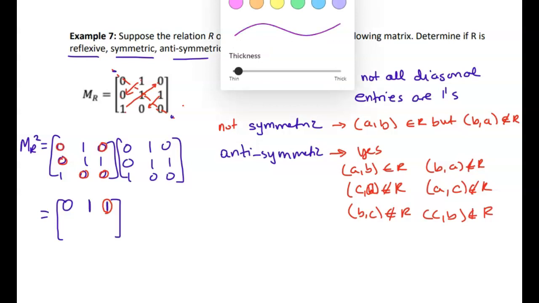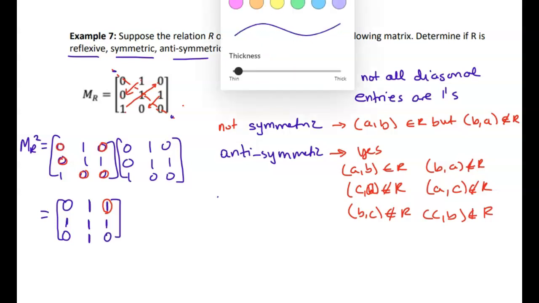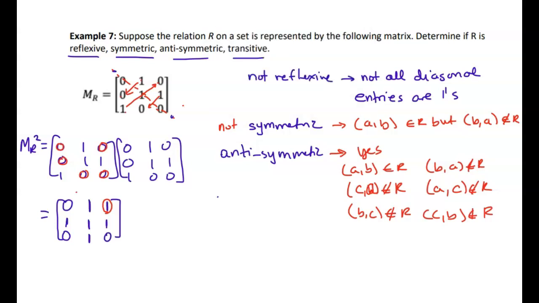Okay, I'm going to complete it anyway. This times this is 1. See, that one fails too. This times this is 1. This times this is 1. This times this is 0. And this one is 1. And this one is 0. Okay, so we have a couple of entries that changed from zeros. This one changed, and this one changed. So not transitive.